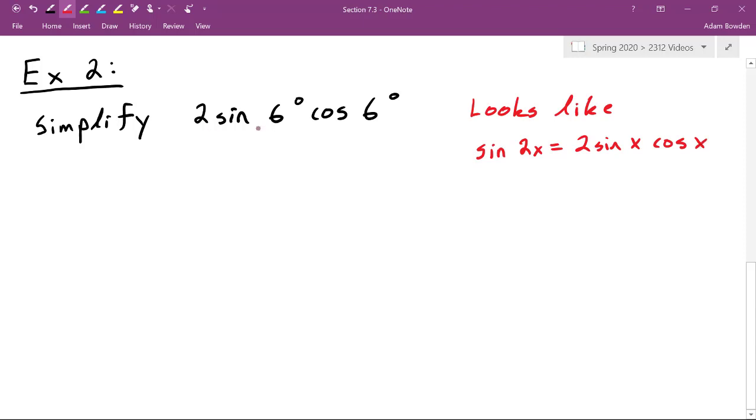So the 6 degrees would be taking the place of x inside of our double angle formula.